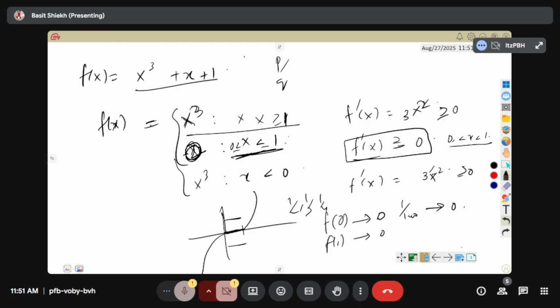This violates the conclusion. f dash x is greater than or equal to 0 for all x, but the problem is that f dash x equals 0 on this interval. Is this clear? I hope you got the example you were asking for.